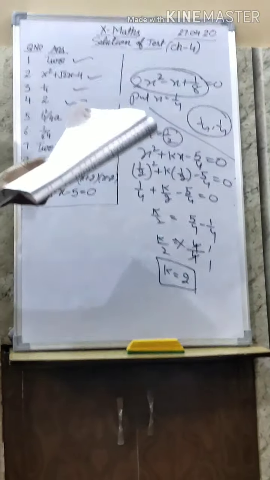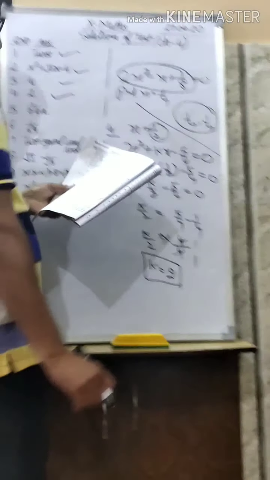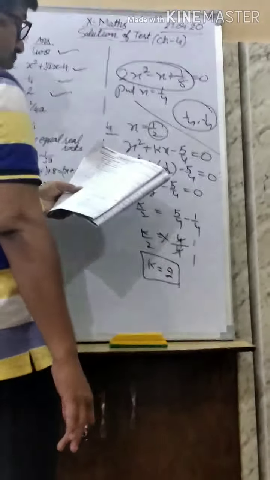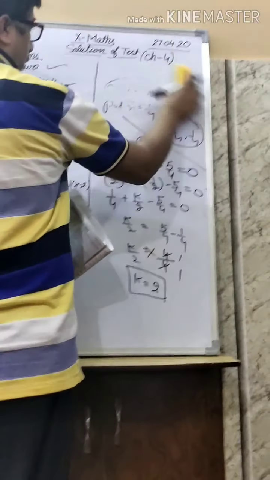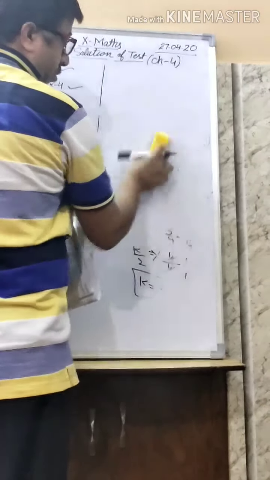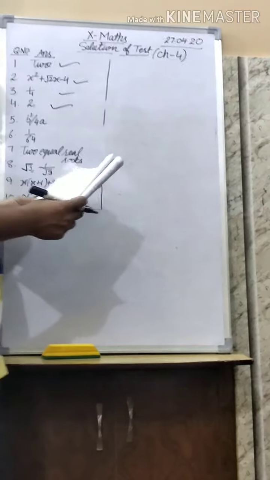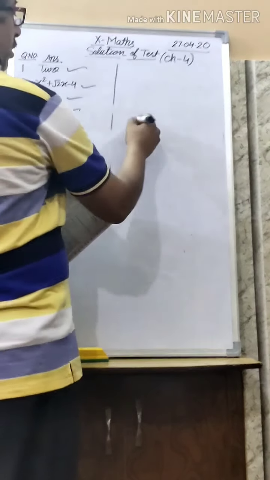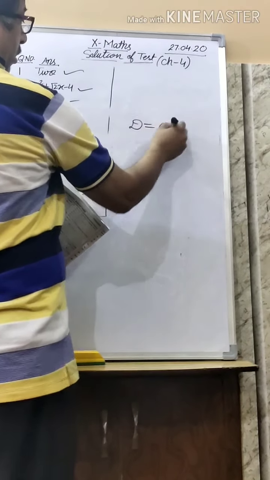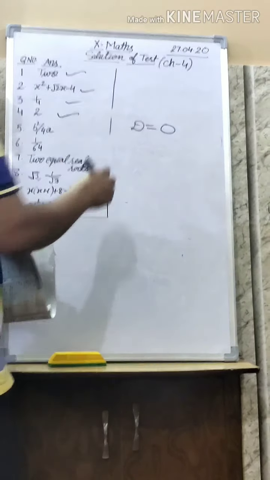And then the fifth question: if ax square plus bx plus c equal to 0 has equal roots, then the value of c is equal to... Now you know very well, if roots are equal, then what is the condition? The discriminant, that is D = 0.